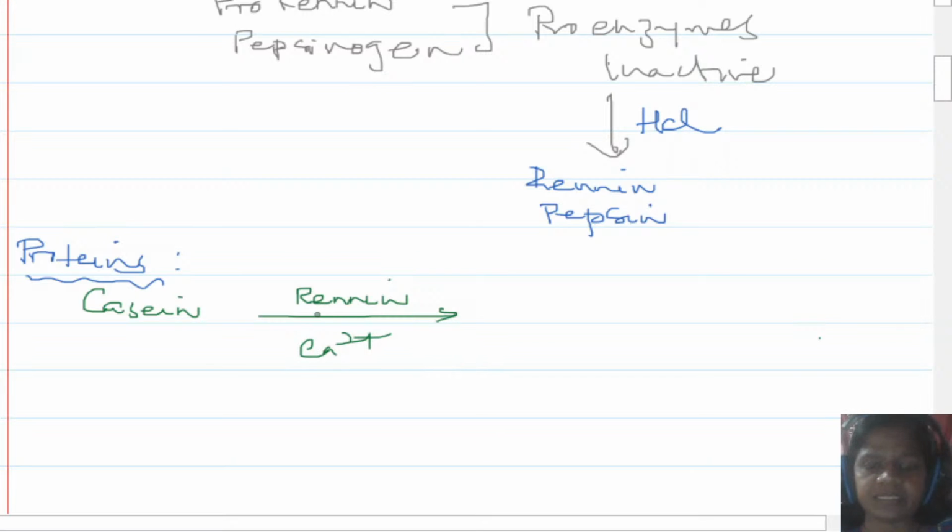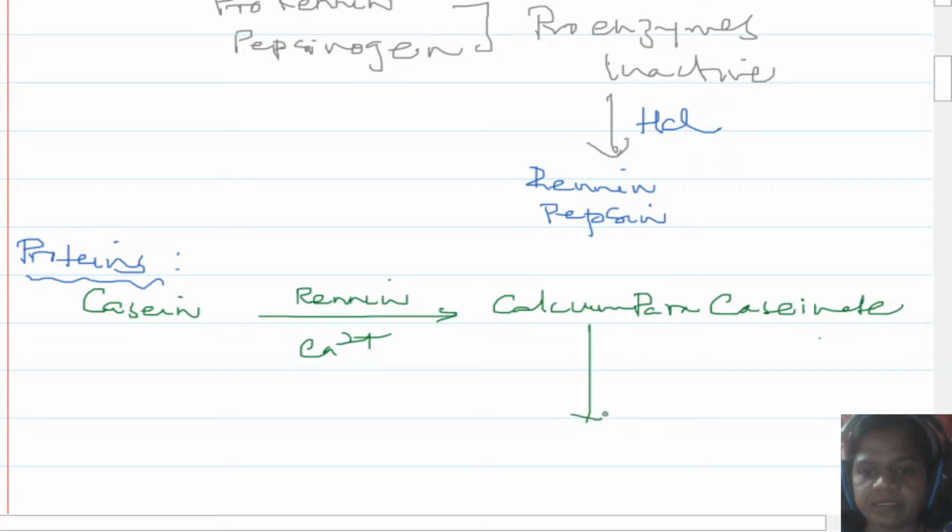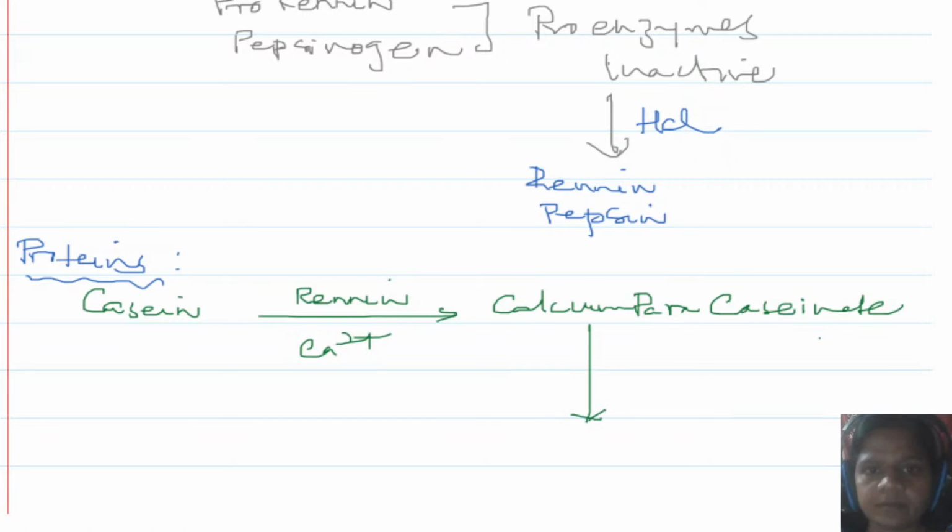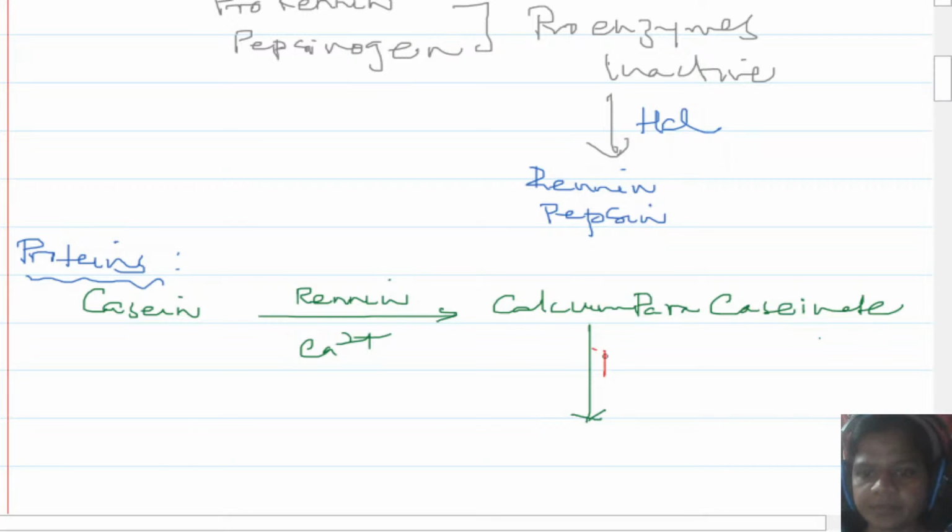Renin converts casein in the presence of calcium to calcium paracasein. This calcium paracasein is acted upon by pepsin to convert to peptones.